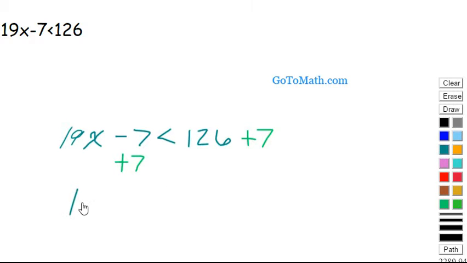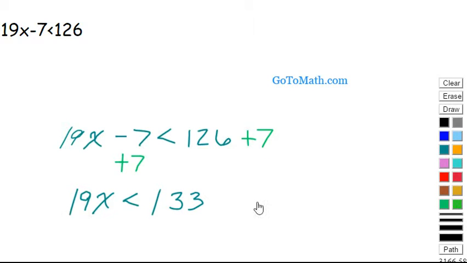So now we're left with 19x is less than 133. Is that right? Take 4 away from that, give it to that, that's 133, okay.